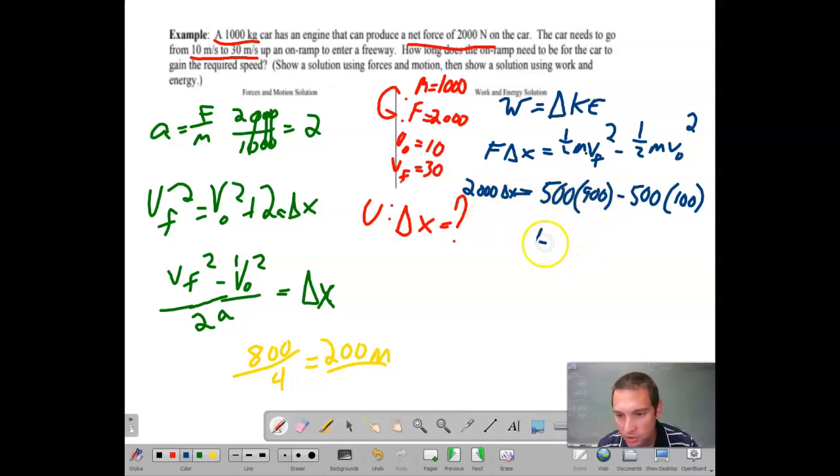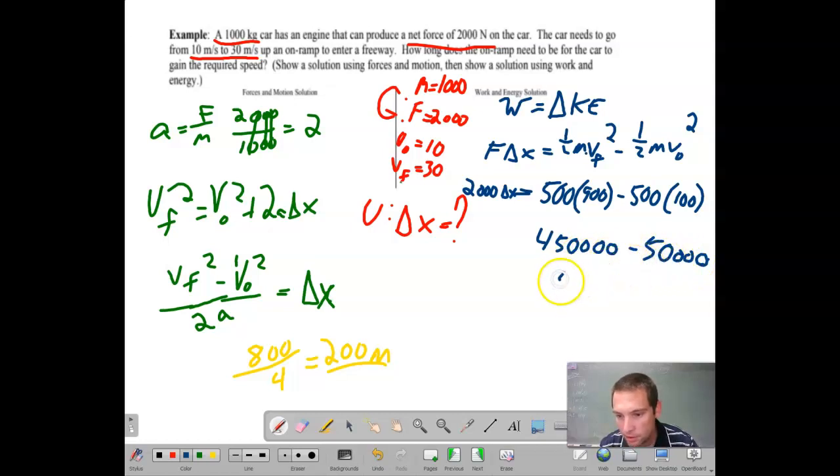But first, let's go through some of this math here. 45, minus, did I get that right? 4 zeros, 4 zeros.